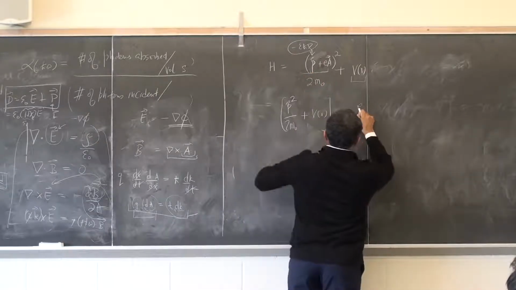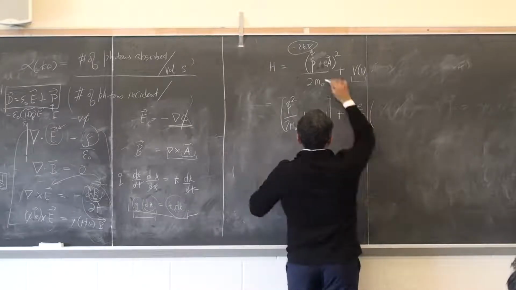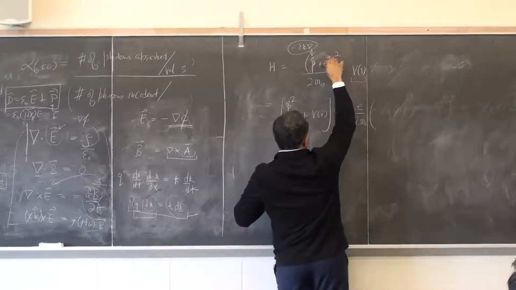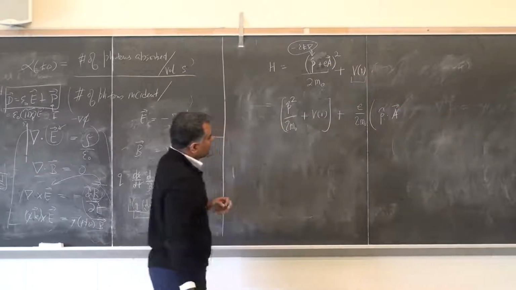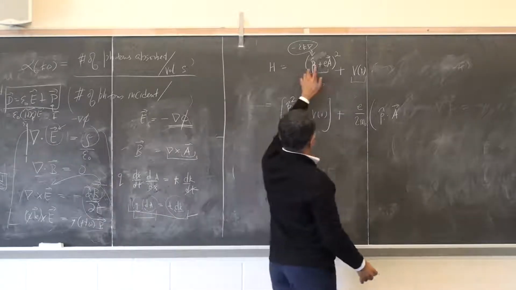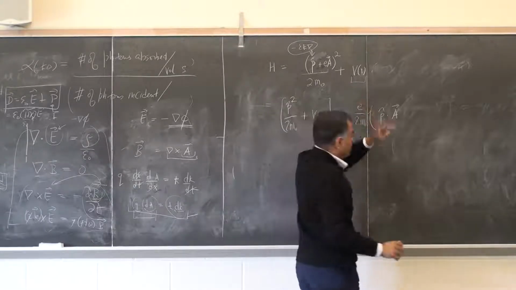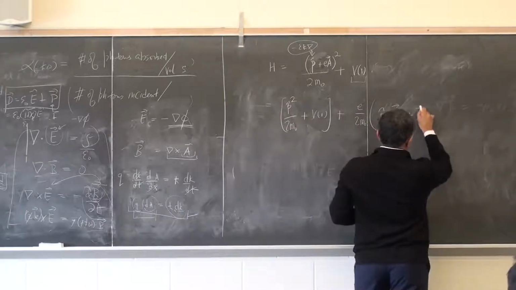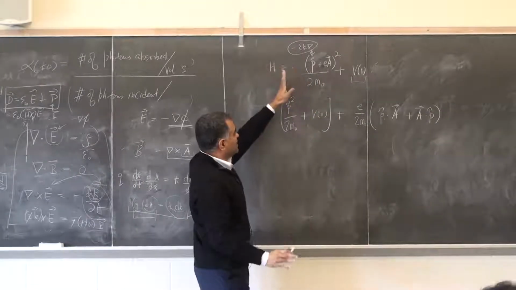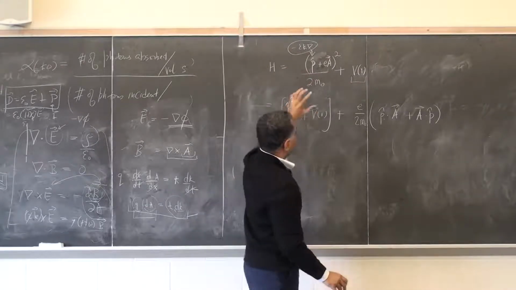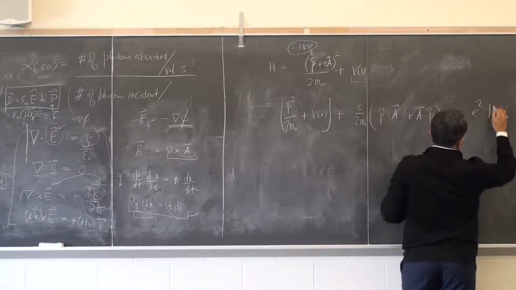So I keep it as e over 2 m naught times P dot A, where A is the vector potential, plus, when you do A plus B whole squared you get 2AB, but here I'm writing it as AB plus BA, because these are operators. So plus A dot P. I've opened up the cross terms, but I also need the A squared term, and that's e squared times A squared.